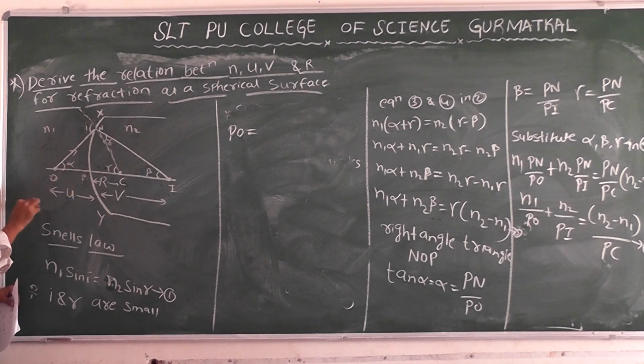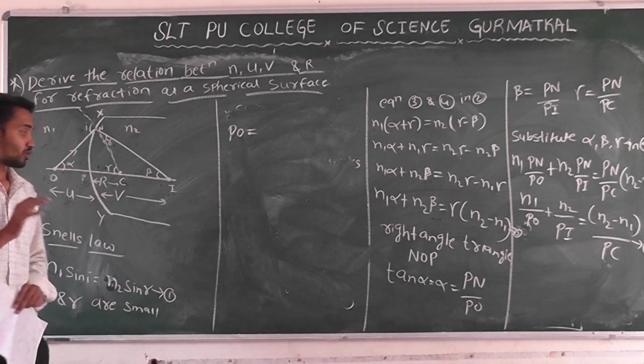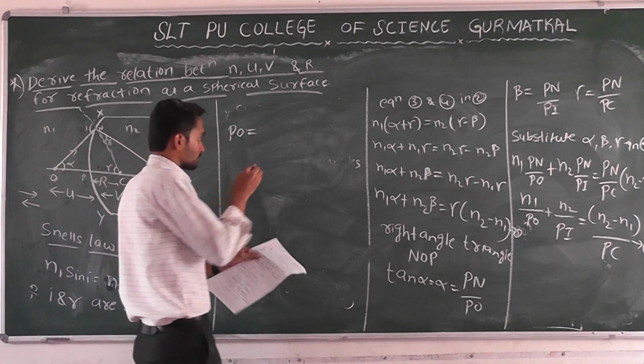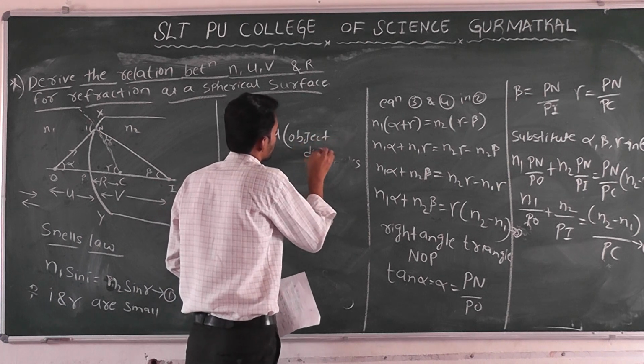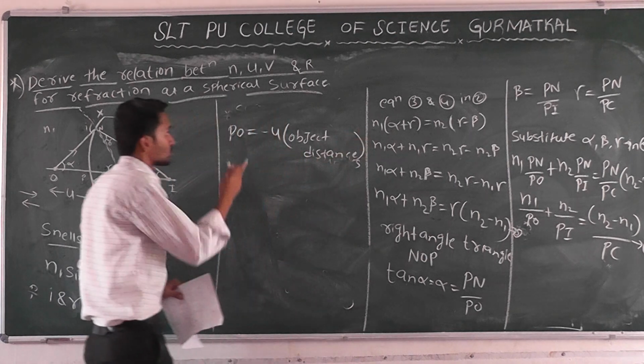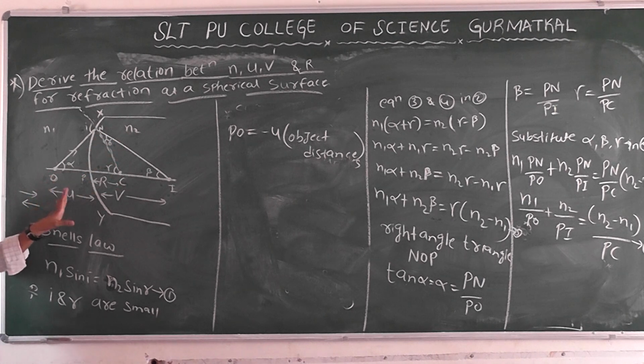We measure distance in this direction, while light is moving in this direction, so we are measuring distance opposite to the light direction. Second rule: if distance is measured opposite to the light direction, it is taken as negative. So the U value is negative. Why are we writing it as negative? All of you understood? U is not positive, it is negative, because distances are measured from the pole opposite to the light direction.